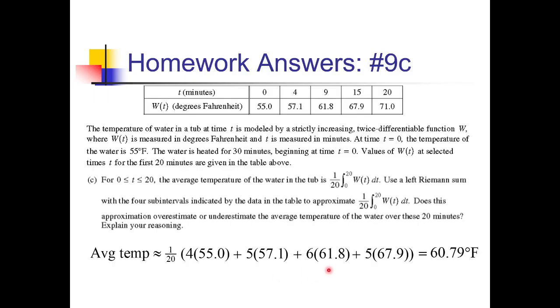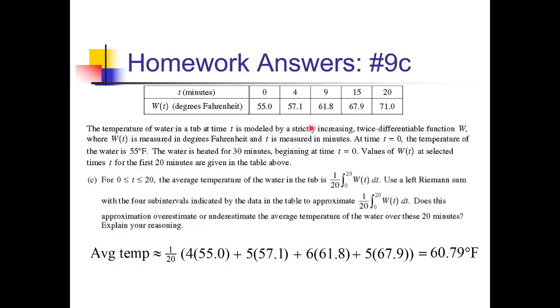Now, is this an over or an underestimate? To figure that out with Riemann sum approximations, we need to look to see if the thing that we're approximating is an increasing or a decreasing function. Now, they told us here that the temperature of water, W(t), is a strictly increasing differentiable function.